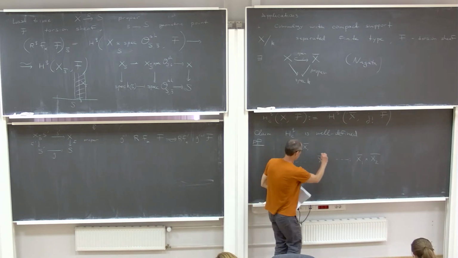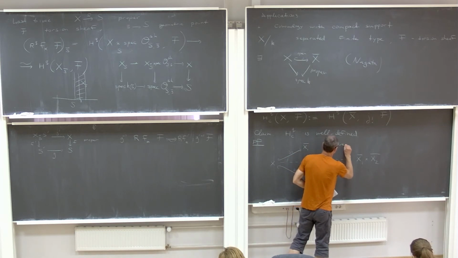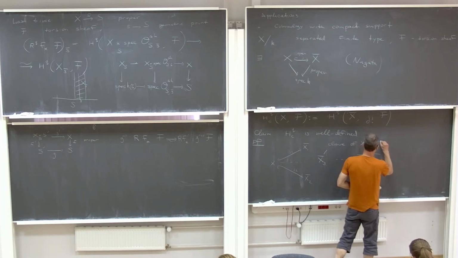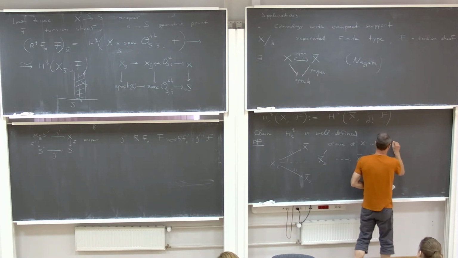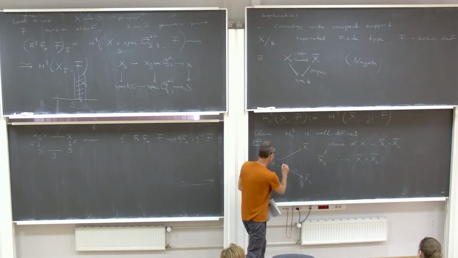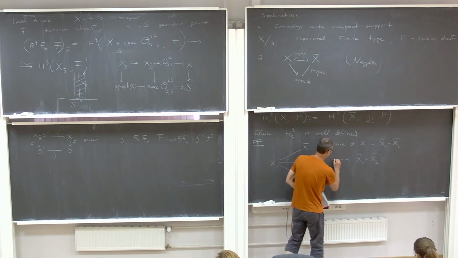This is the closure of X in X1 bar times X2 bar. So then by construction, we have this factorization, this is a closed embedding, and this is open.